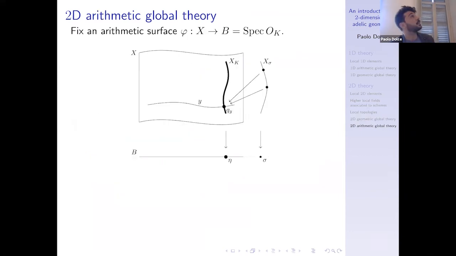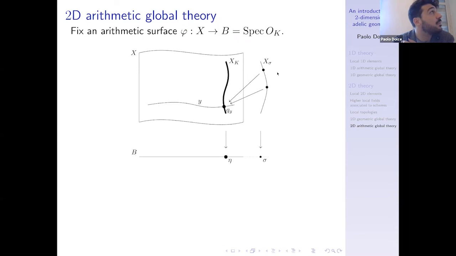Things are a bit more complicated in the case of arithmetic surfaces. So here we have X over B, which is an arithmetic surface. This bold curve is the generic curve. As you may know, again, this object is not complete. So we have to complete it with the so-called fibres at infinity.